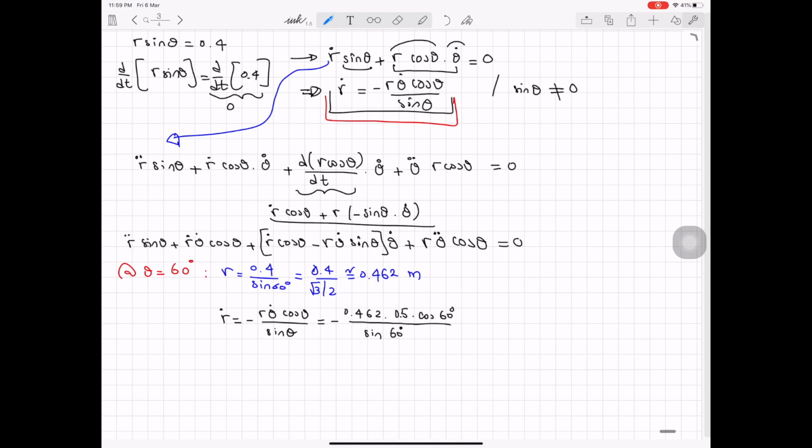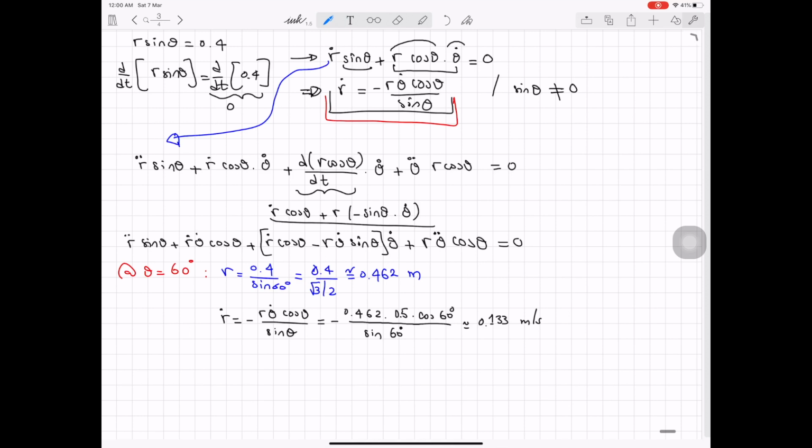If you calculate this, cosine 60 degrees is 0.5, divided by sine of 60 degrees, so this gives me approximately 0.133 meter per second. Recall that r dot is the derivative of r with respect to time, and this represents the radial speed.